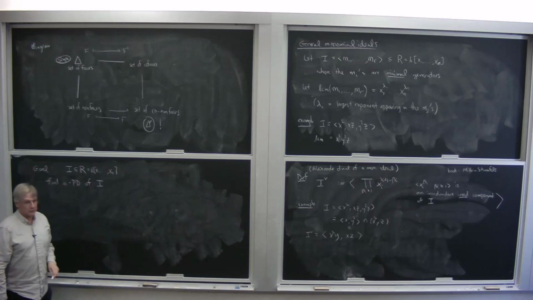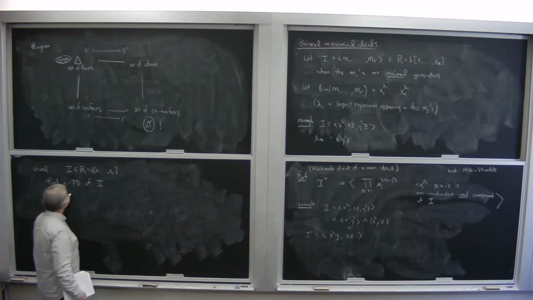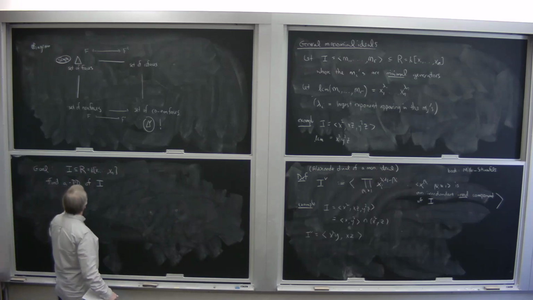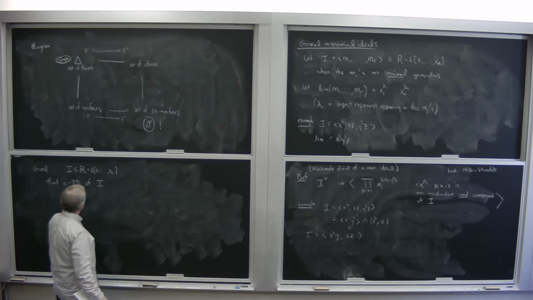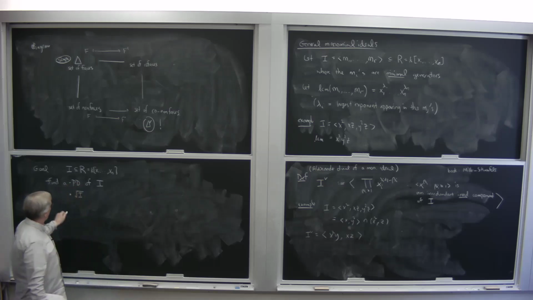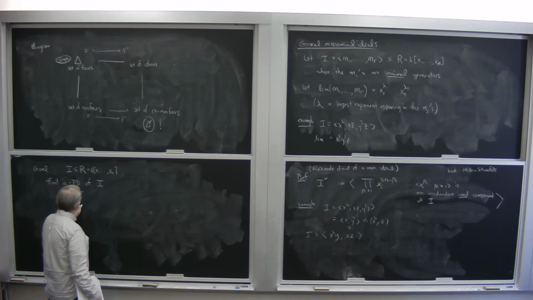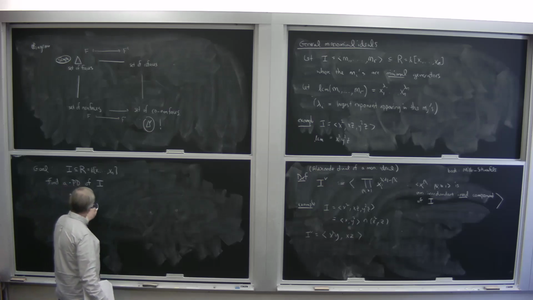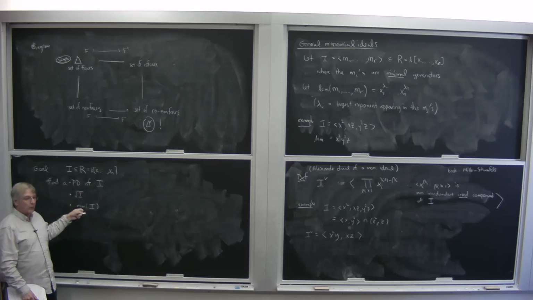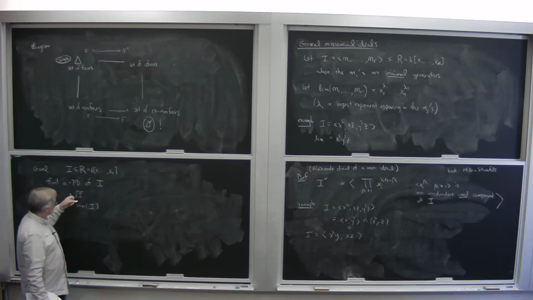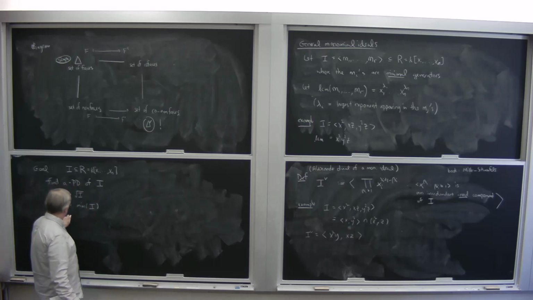Actually, that's only one of the things that we might want to find. Other things we might want to find are the radical of I, or we might want all the minimal primes of I. In fact, oftentimes this is really what you want. This helps you get that, but usually it's one of these two things that you really want.